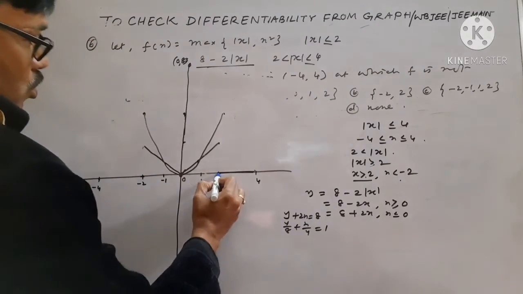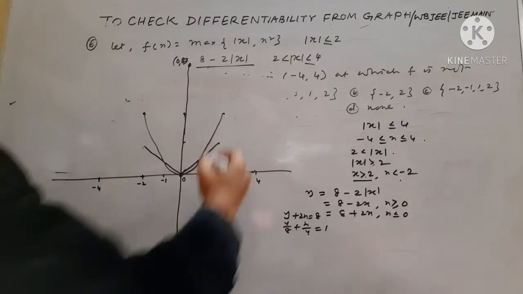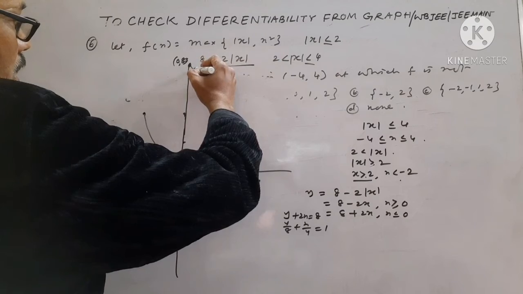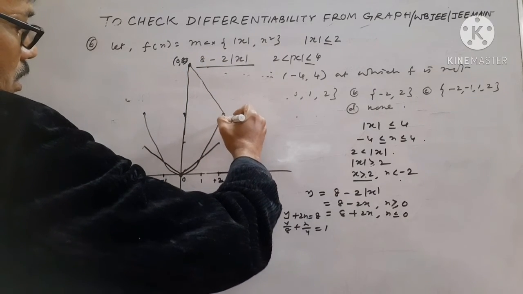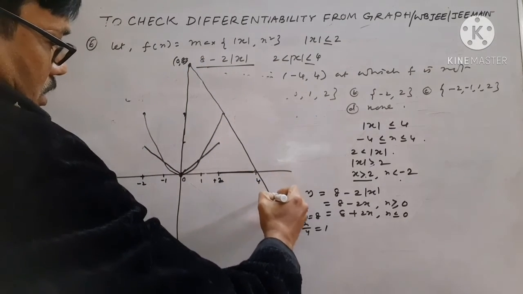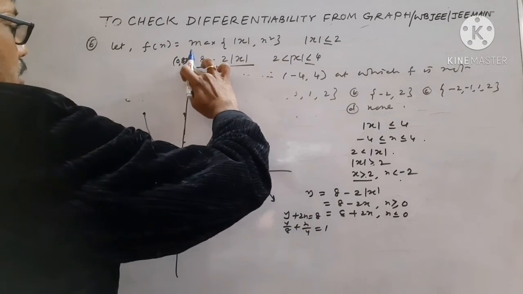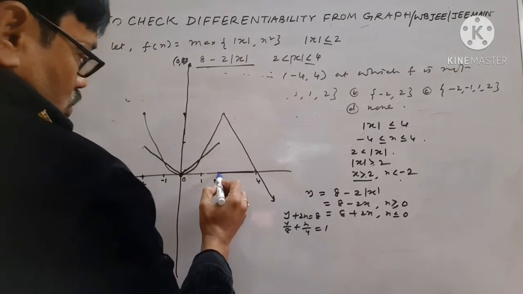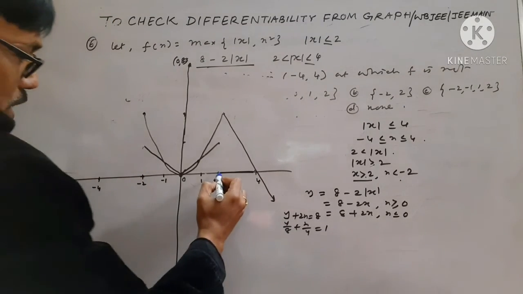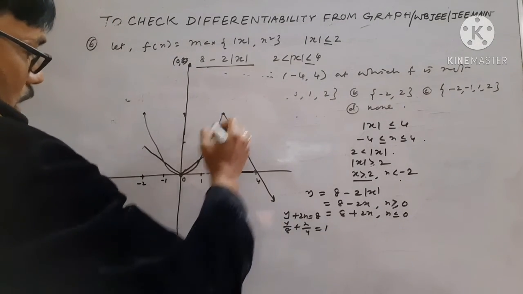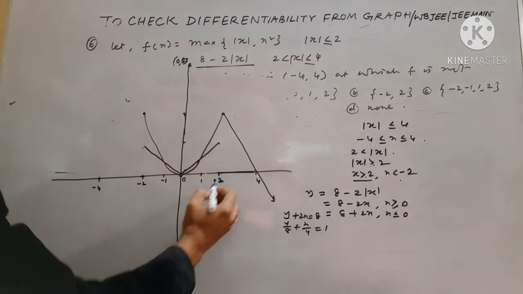At x equals 2, it is 4. So this is a straight line, like this. But this part is not present because we need 2 to 4. At x equals 2, it is 4, that is why this and this are the same.